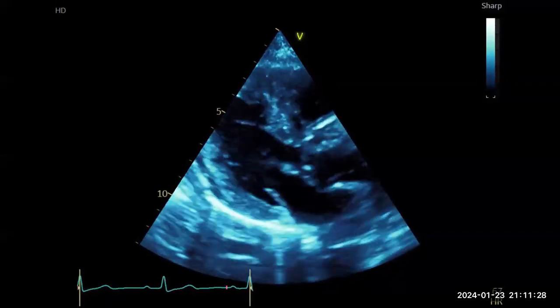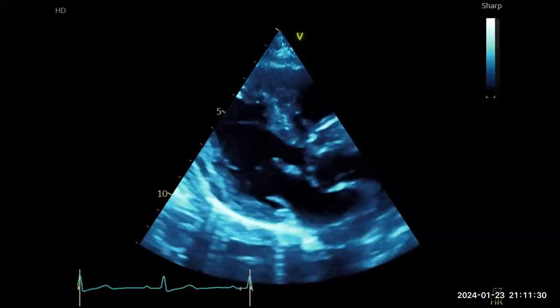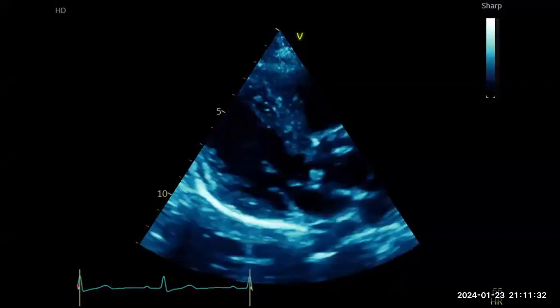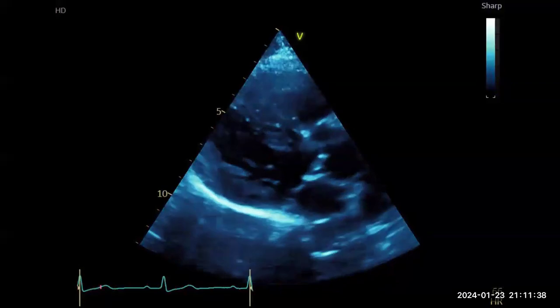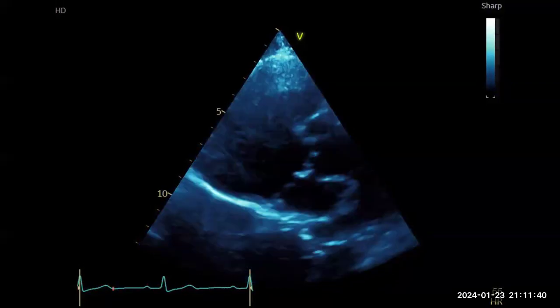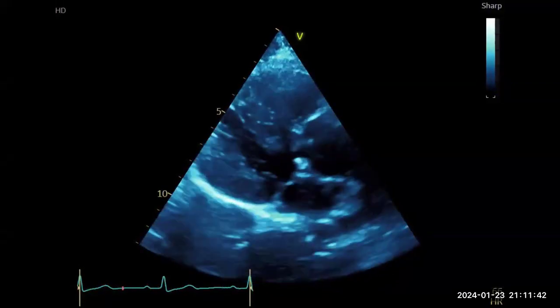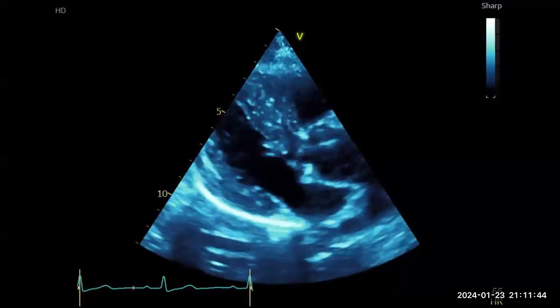Excellent. Excellent start. Dr. Bara started to comment about the significant findings in this view, which are the LVH and the aortic valve. As he mentioned, the aortic valve doesn't look normal here. It looks thickened, calcified.